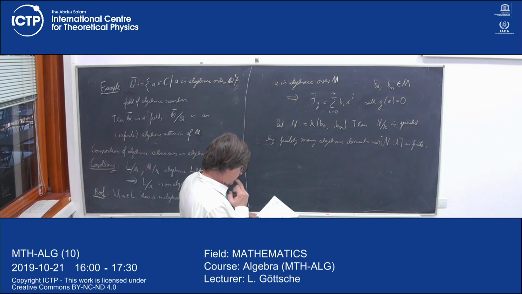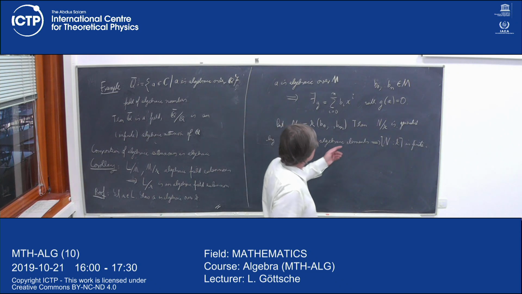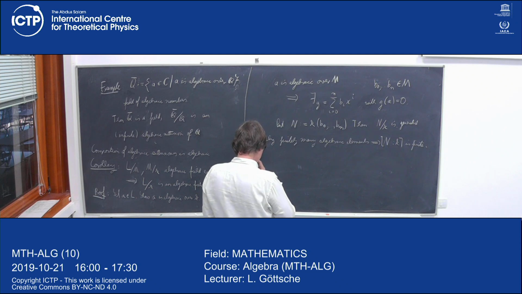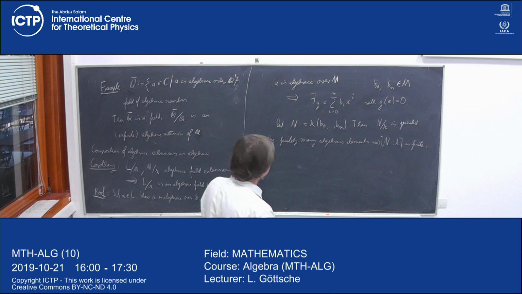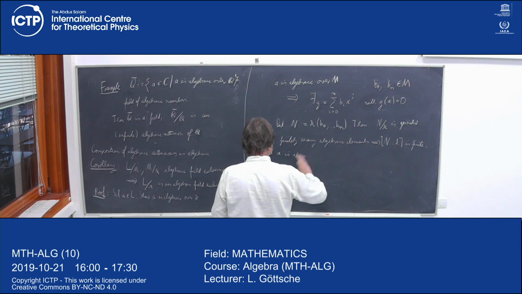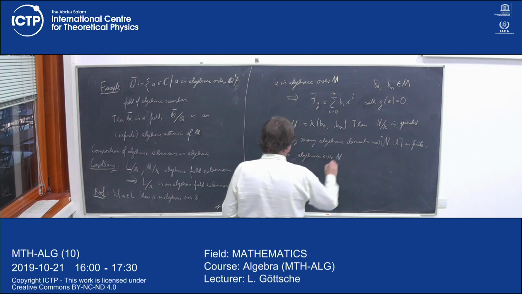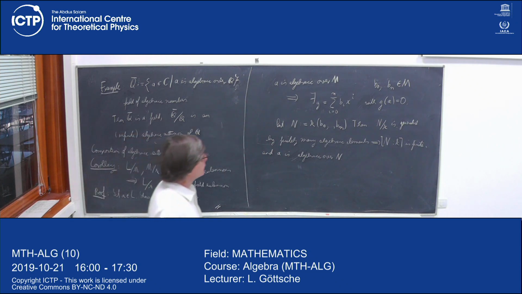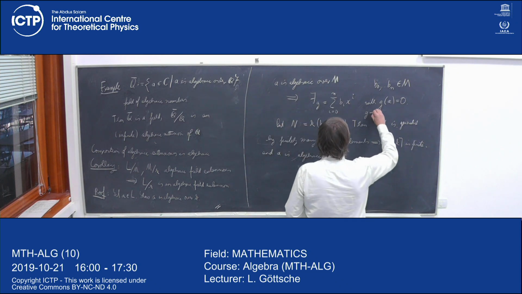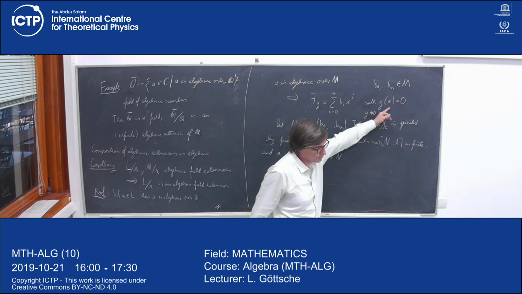And we see that our element A lies in an extension, and A is algebraic over N, because G is a non-zero polynomial with coefficients in N, which gives 0 if I put A into it.